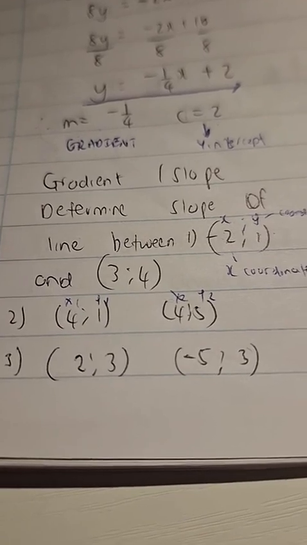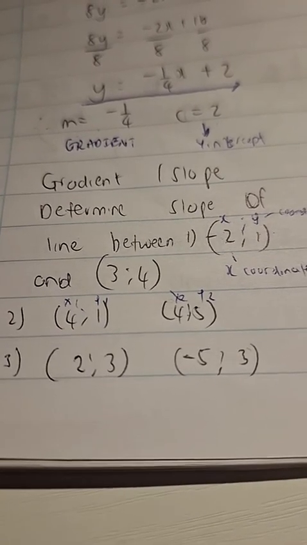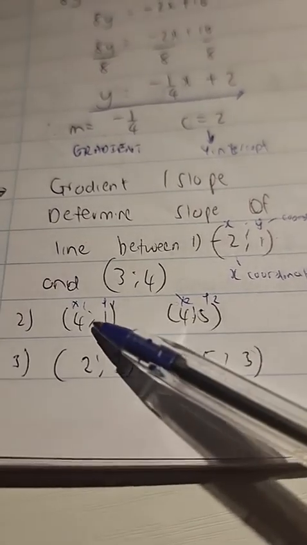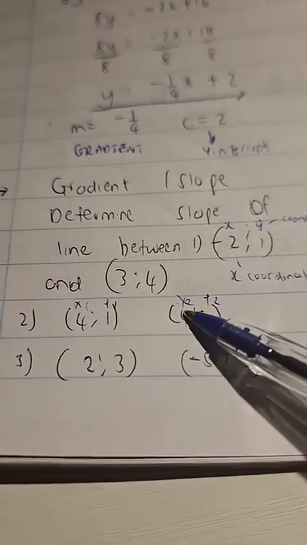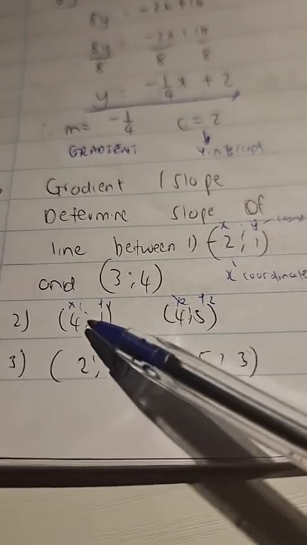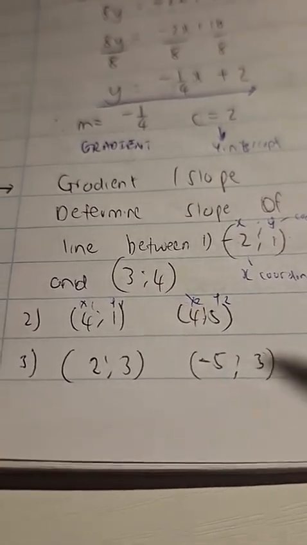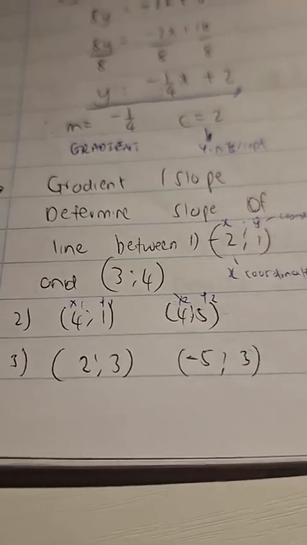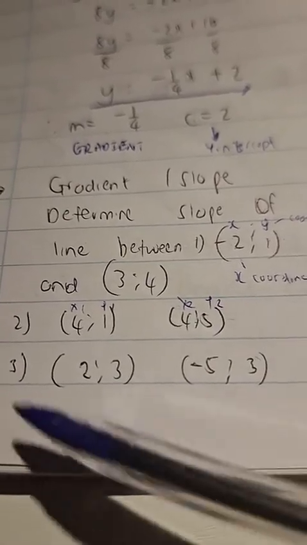Anything? Or nothing? Yes, very nice. The x coordinates are the same, guys. Look at x1, it's 4. Look at x2, it's 4. So the x coordinates are the same, but the y coordinates are different. You must note that.